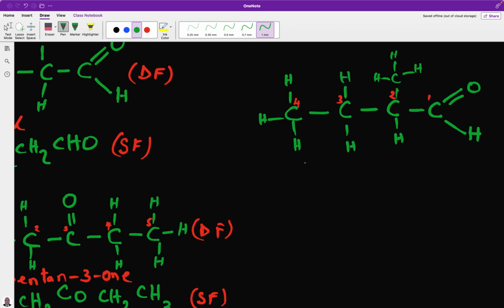That is 2-methyl butanol. Okay. The structural formula will be CH3, CH2, CH, CH3, CHO.